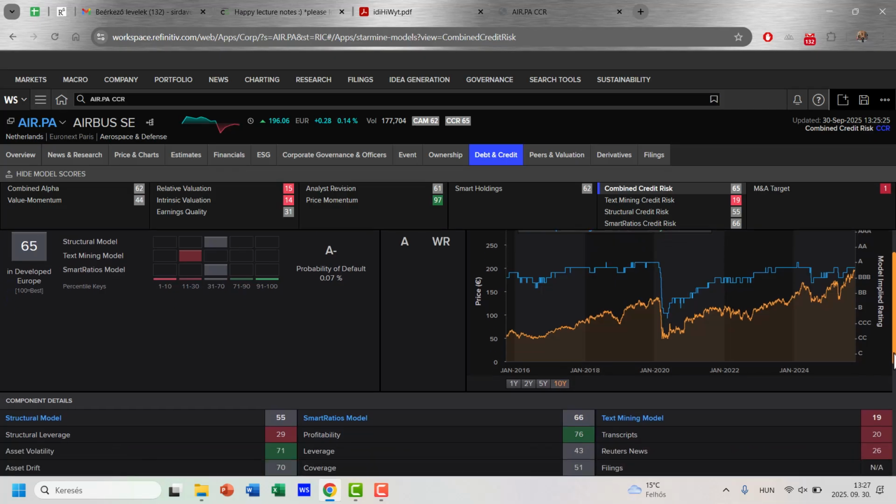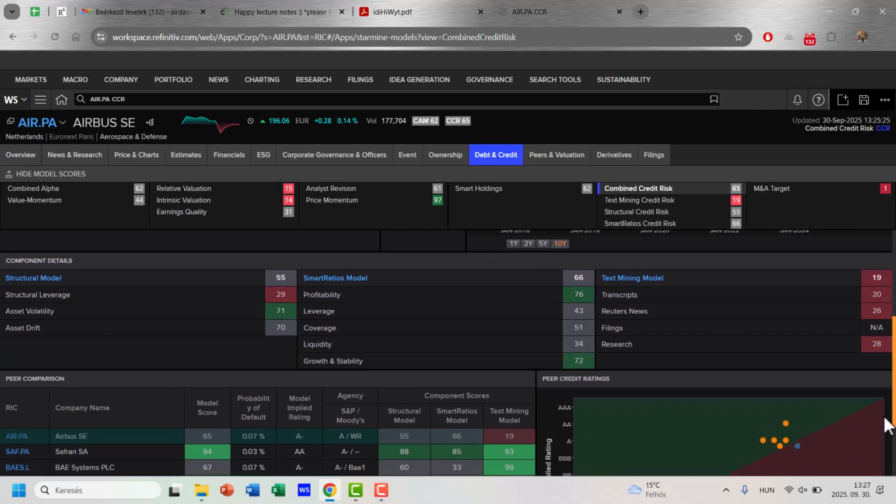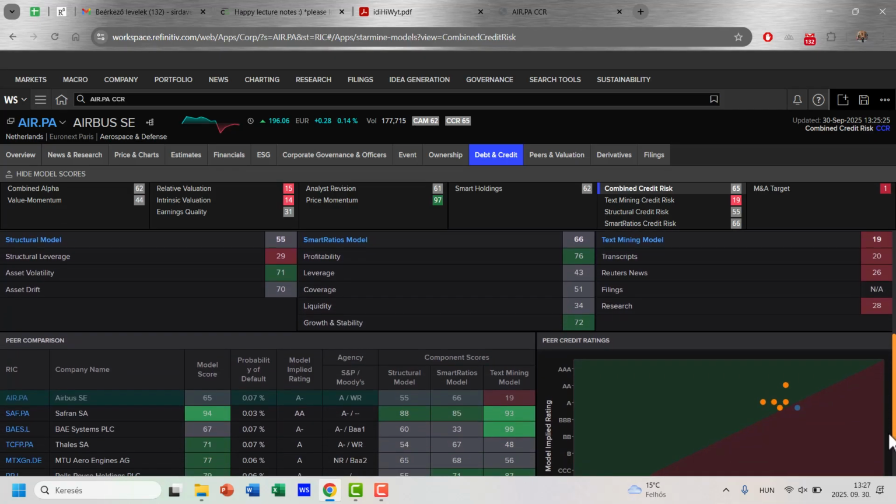But still, we can see that, in the case of ratios, still profitability, leverage, coverage, so all the interest payments and other things are still considered, liquidity, growth and stability. So this stuff is still there, what I showed you in case of Altman-Z or Ohlson-O. Just now they are adding the new things coming from big data.